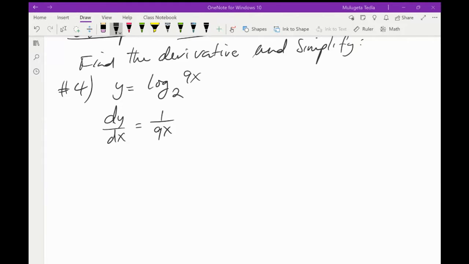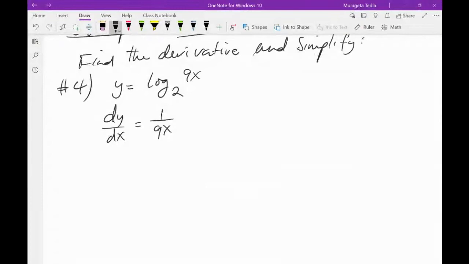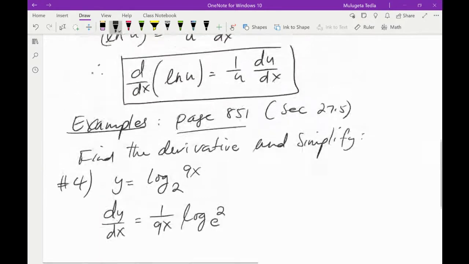Log of 2 to the base e. I think e should be at the upper side, right? Log of e to the base 2, yes, e is the argument.